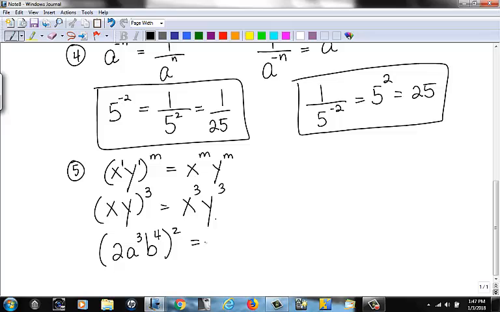You have to simplify the number in front first. 2 squared would be 4. Raise a power to a power: a to the third, raised to the second, would be a to the sixth, and then b to the eighth. So that 2 on the outside applies to the coefficient and to the numbers and exponents inside there.